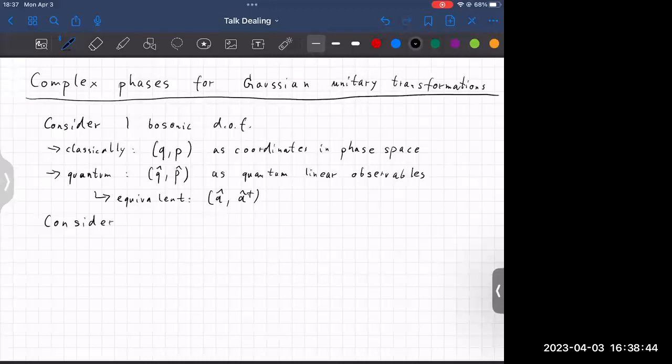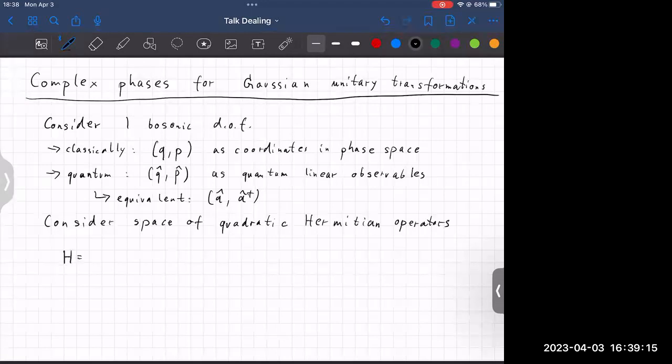Consider the space of quadratic Hermitian operators, which I can write as, I call them H, but we can discuss in a moment how physical they are.